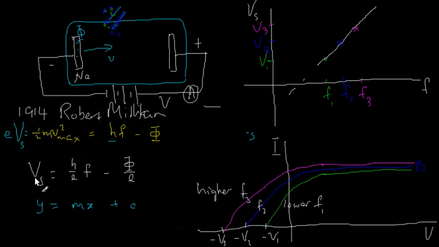If we find the gradient, we would actually be able to calculate the Planck's constant. Now I don't actually have Millikan's graph. I think you can find it on the internet. You can find the paper that he wrote. I think the title goes something like the measurement of Planck's constant using the photoelectric effect.